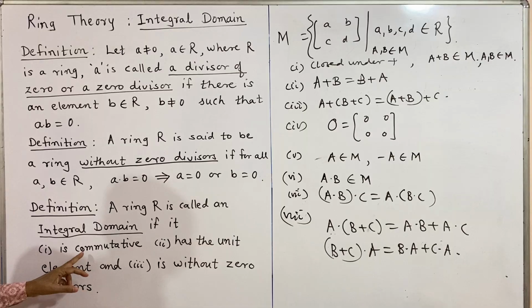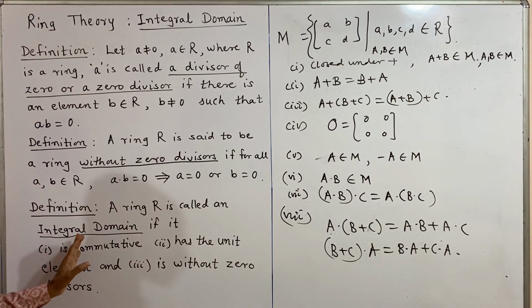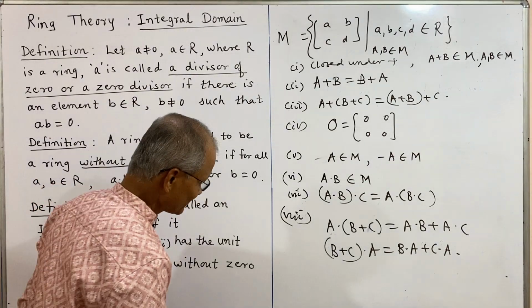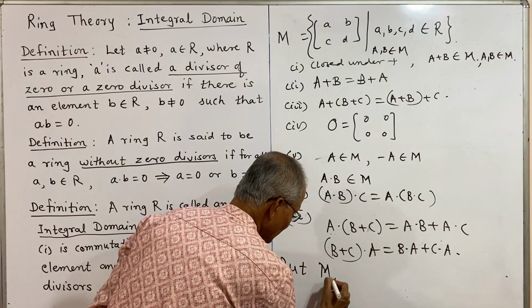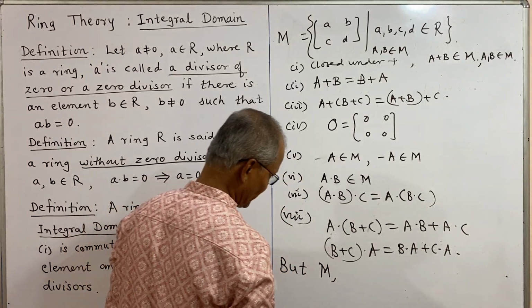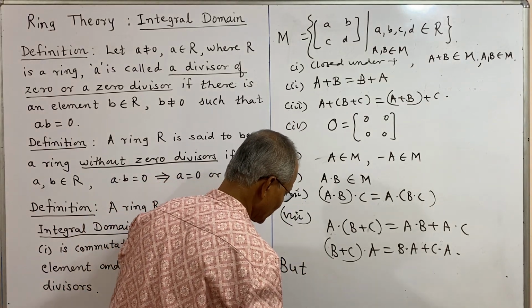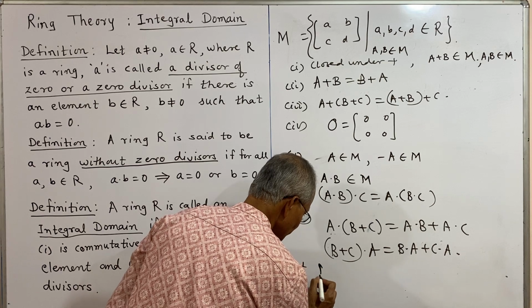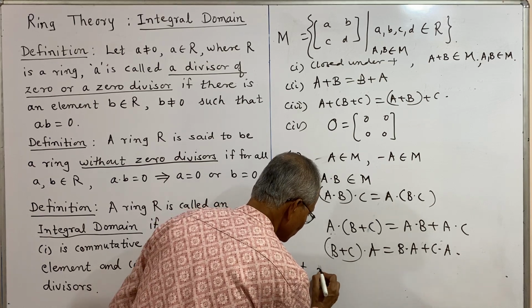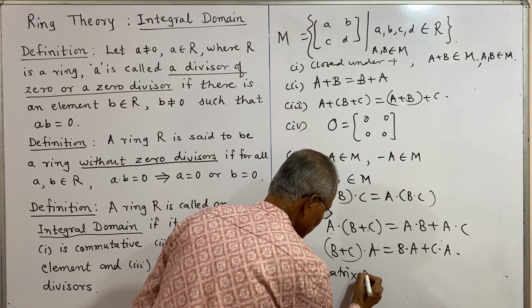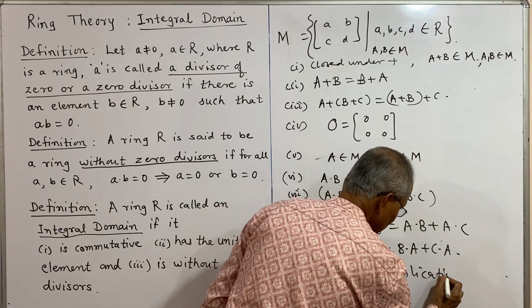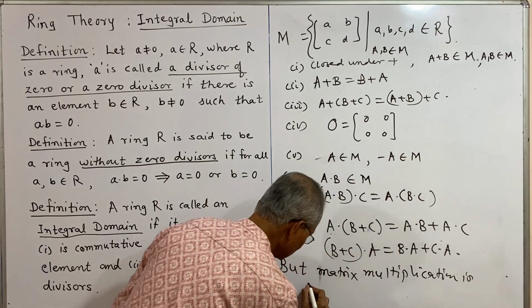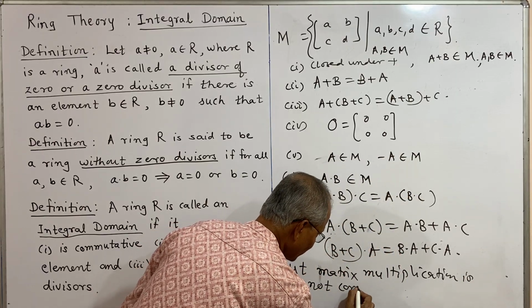Now let us see whether this ring is commutative. It is not commutative, because matrix multiplication is not commutative.